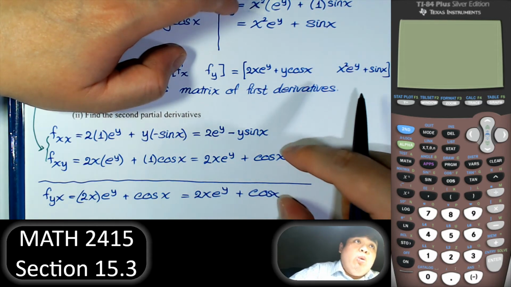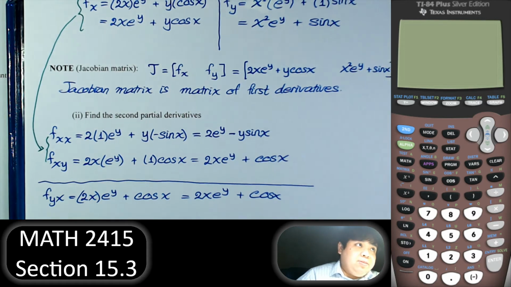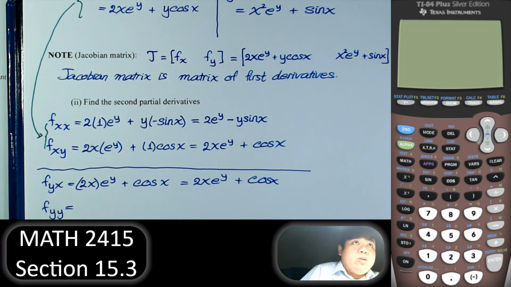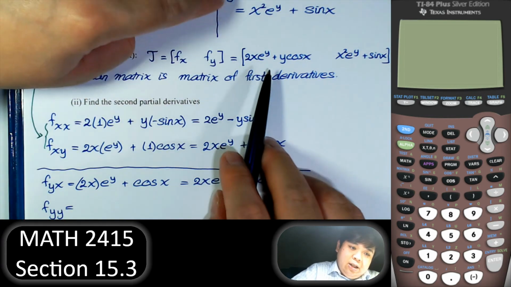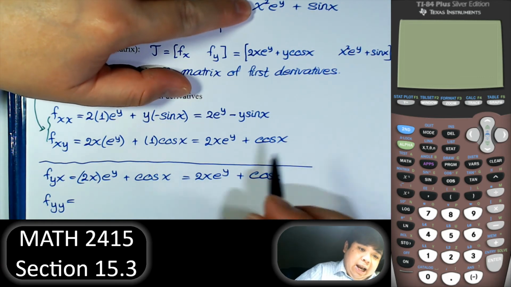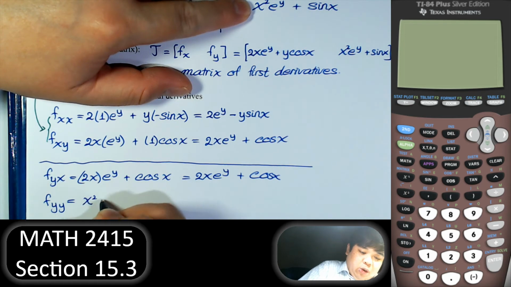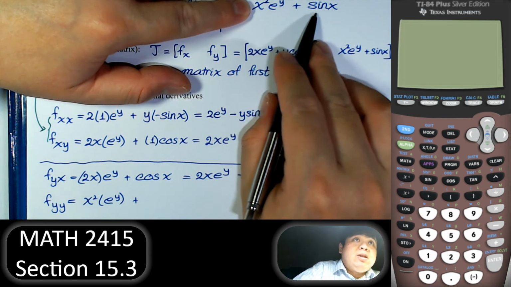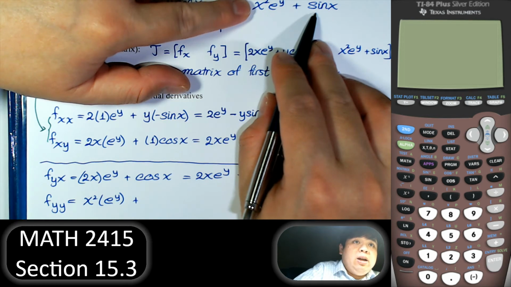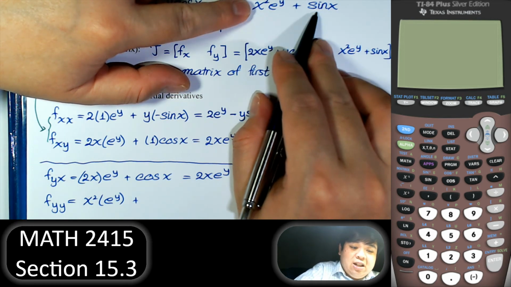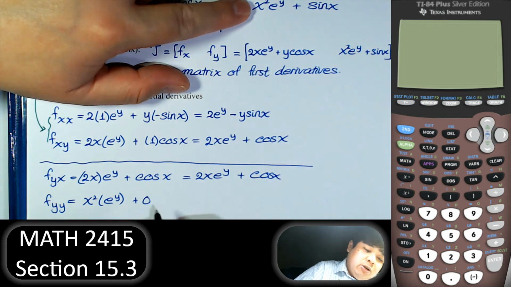The mixed partial derivatives are equal. Now fyy, derivative with respect to y. We already did with respect to y. Now we still have x squared, derivative of e to the y is e to the y, and derivative of sine x with respect to y, there's no y there, right? Derivative of that with respect to y is 0.